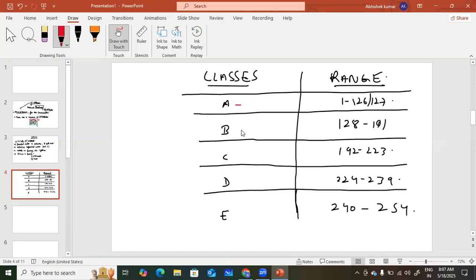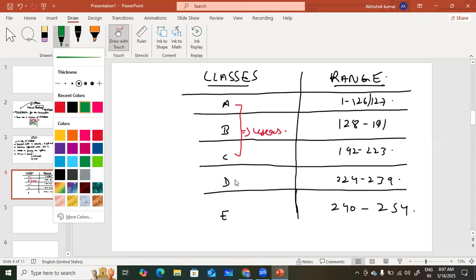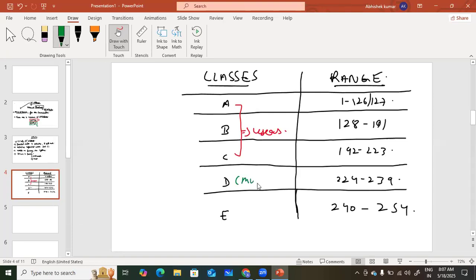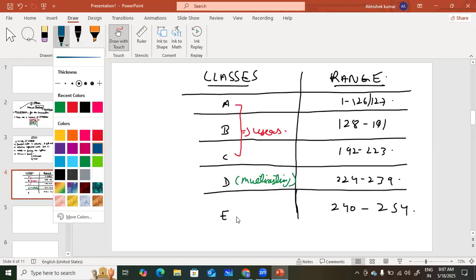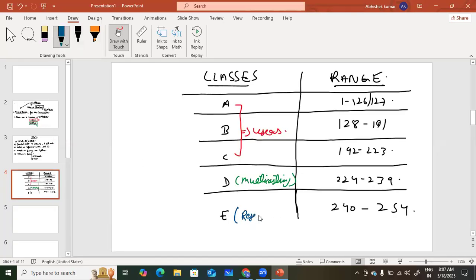For users, only three classes are permissible. Class D is used for multicasting, and class E is used for research and development. Okay, clear, everyone?